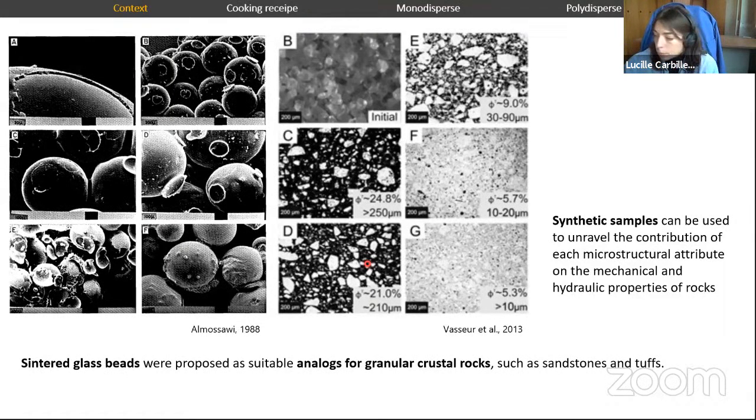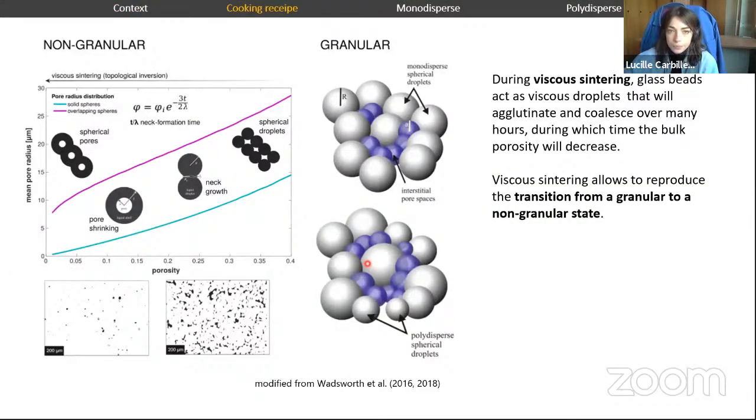So I'll now move on to a more technical aspect of the work, namely the physical process of viscous sintering. Viscous sintering is driven by interfacial tension between the glass beads and the interstitial gas between the grains.